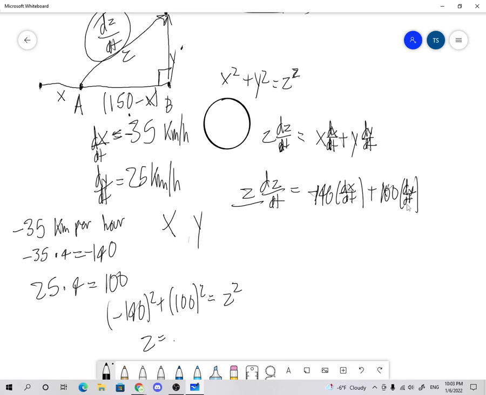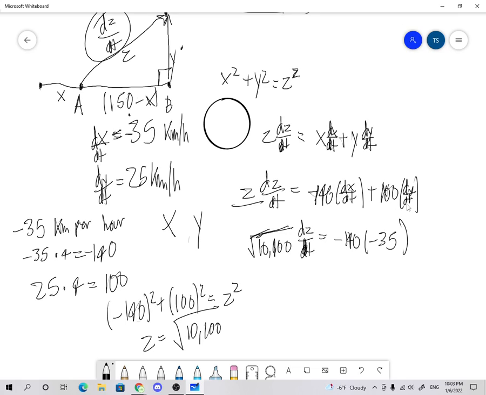Z is not going to come back pretty. It's going to be something like the square root of 10,100. So, not fun, but we're going to use it anyways. So, plug everything that I know now into the equation. dz/dt, negative 140, negative 35.